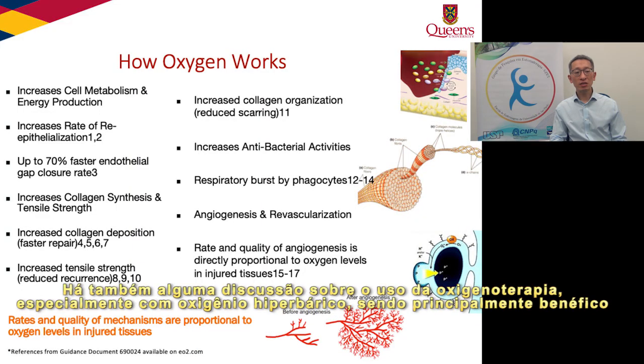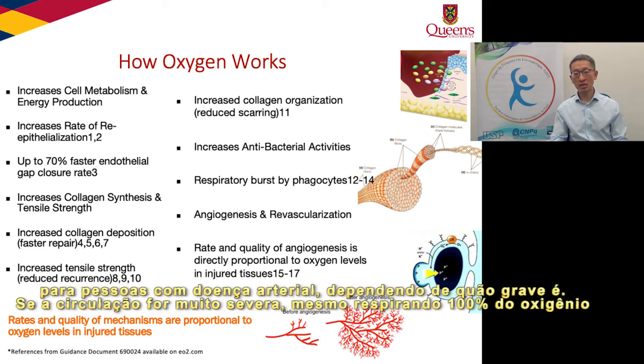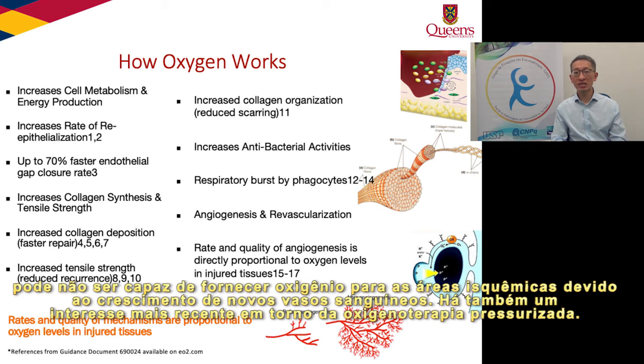There's also some discussion around the use of oxygen therapy, especially hyperbaric oxygen. That may be beneficial for people with arterial disease, depending on how severe it is. If the circulation is very severe, even breathing in 100% oxygen may not be able to deliver it to the ischemic area and stimulate new blood vessel growth.